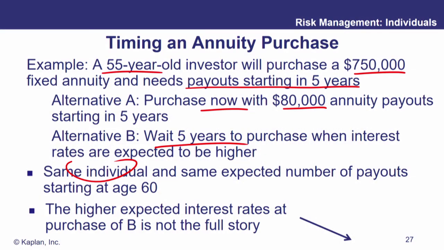They could keep the money on hand, they could invest it, they could earn something on the $750,000 for the next 5 years. Then they buy the annuity for immediate payouts because that's when they want the payouts to actually start. It's one individual. Their life expectancy is their life expectancy starting at age 60. So the total number of expected payouts would be the same for A or B.